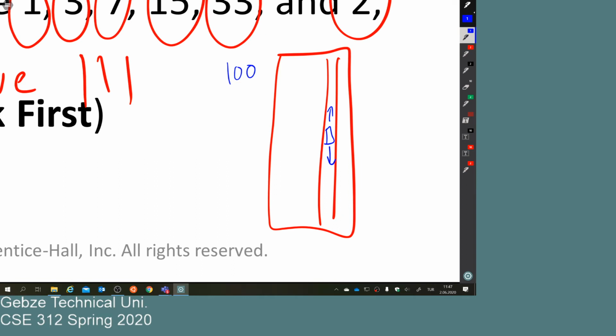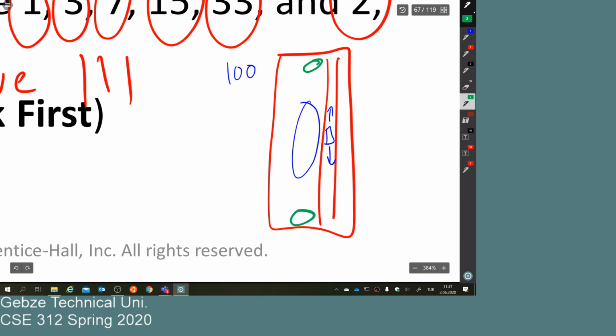my elevator is going to spend most of its time around the central region, because whoever is closest will be around the middle, and the people at the ends of the building will not get served much, because there will be somebody else closer to the elevator.